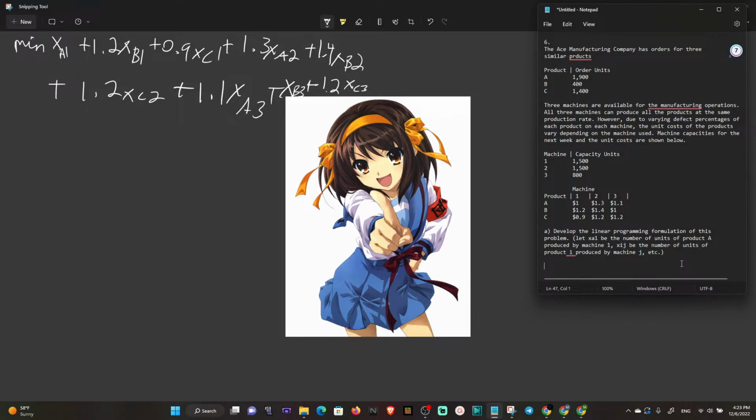What are going to be the constraints for this question? So constraints: the machine 1 capacity, xa1 plus xb1 plus xc1.